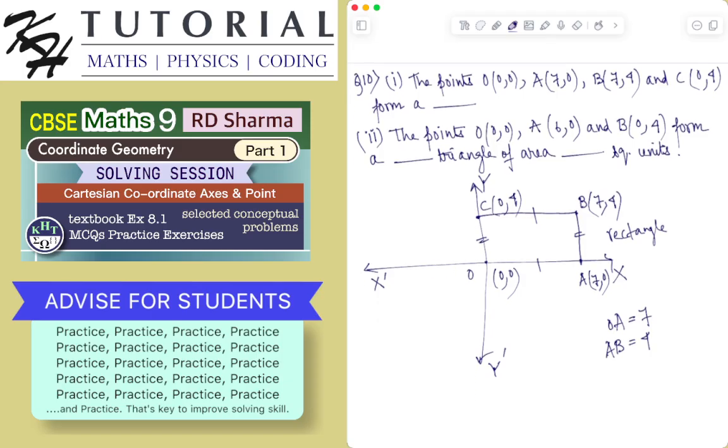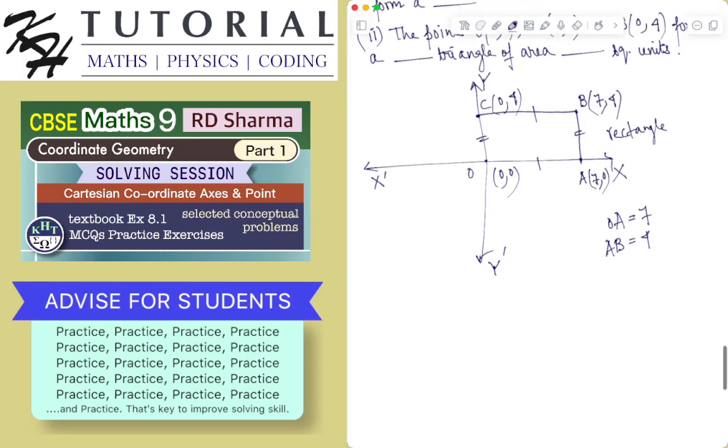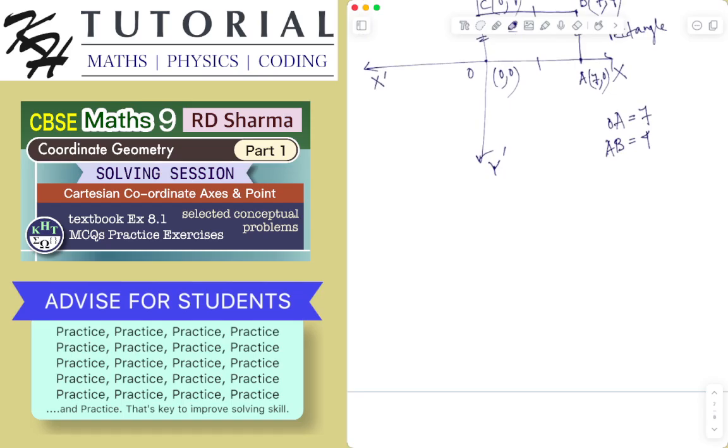Part 2, the points O (0, 0), A. So we have to draw it separately. So let's say this is X dash, O, X, Y, O, Y dash.